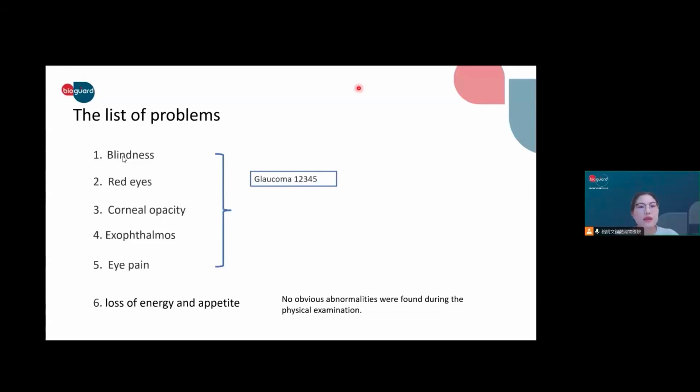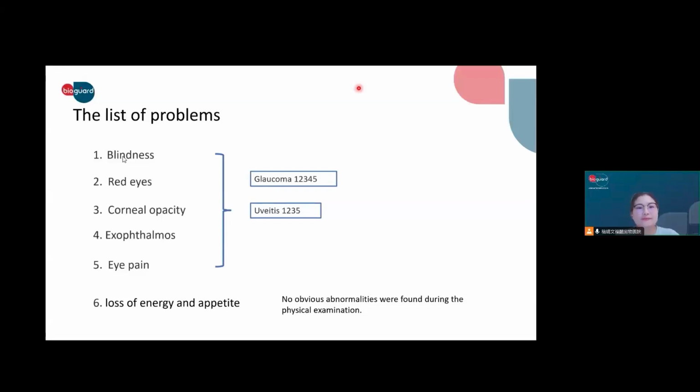Any other diseases? A possible disease is uveitis. Except for exophthalmos, all the symptoms are consistent with uveitis. Blindness, red eyes, corneal opacity, and eye pain, all of these are consistent with uveitis.